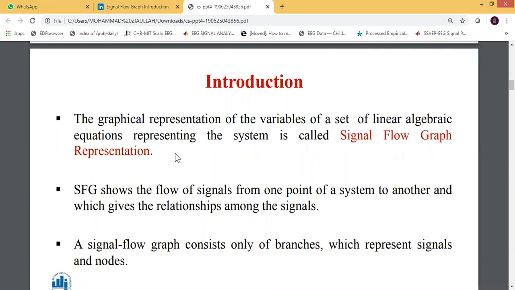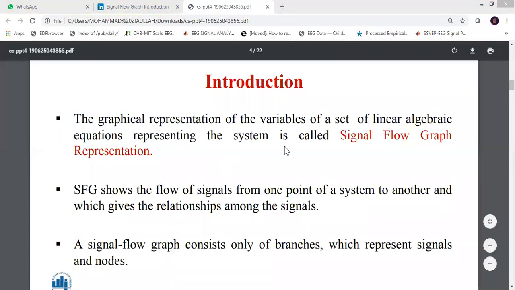Here we will have some other parameters, and we will see one by one how signal flow graphs give us more information related to any application or system block diagram. In short, the signal flow graph is represented by SFG. Remember, SFG means signal flow graph.